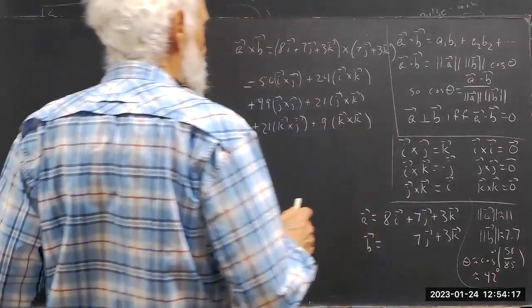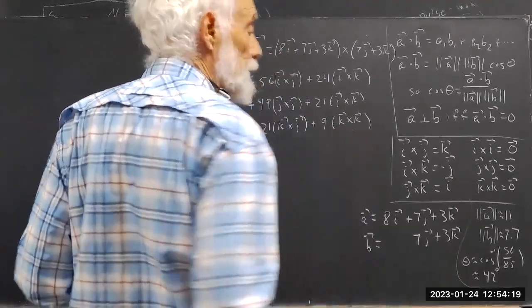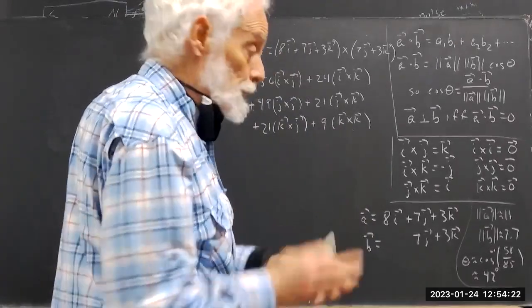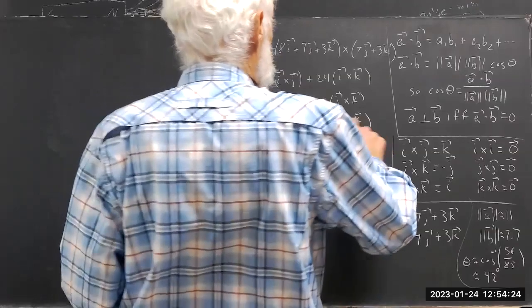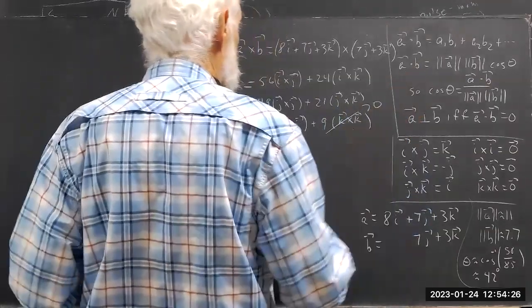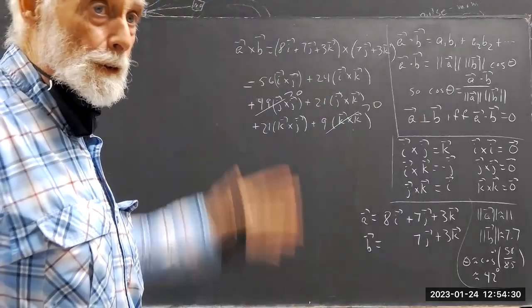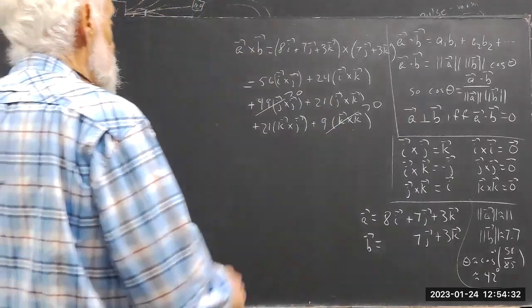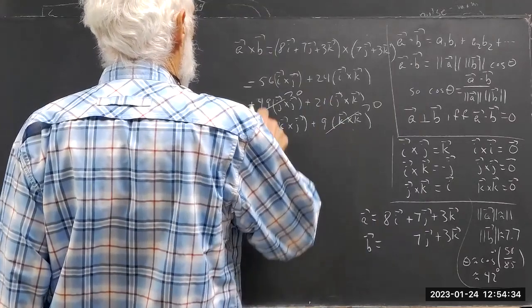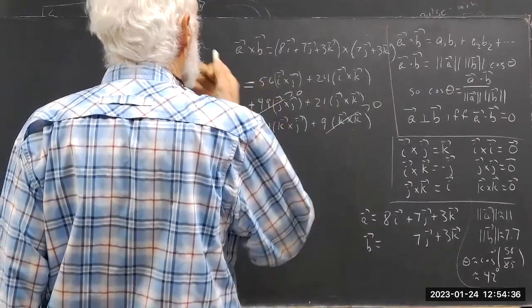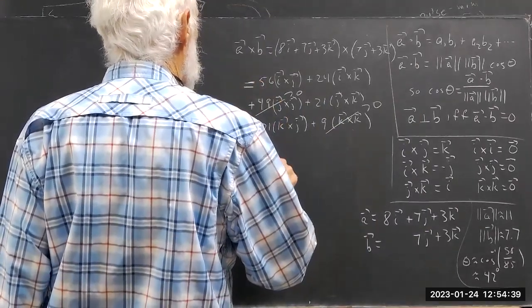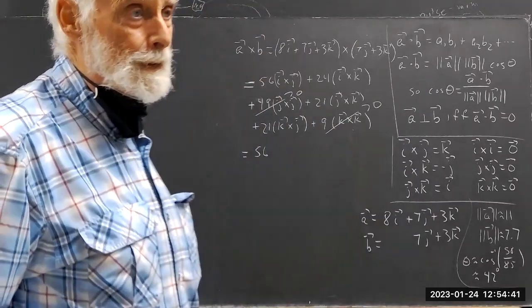Okay, now, a couple of things. We got k cross k here. What's k cross k? Well, any vector crossed with itself is 0. So that goes away. Get rid of that term and we get rid of this term. Okay, they're gone. So now we write 56 i cross j.